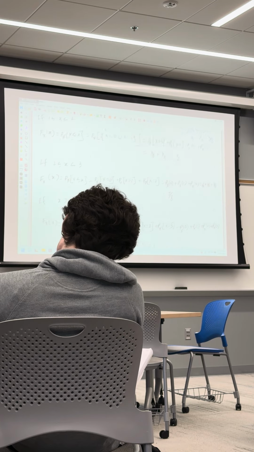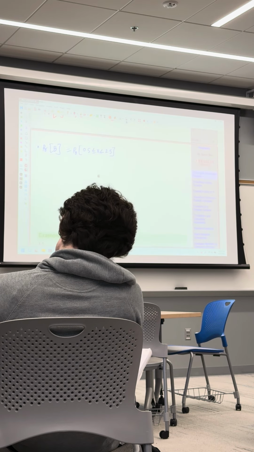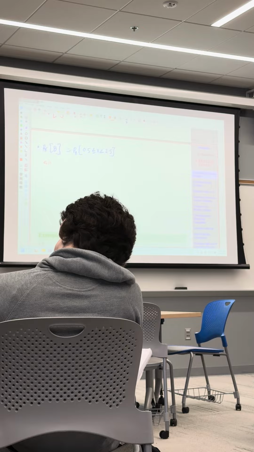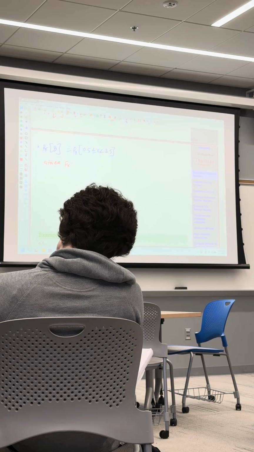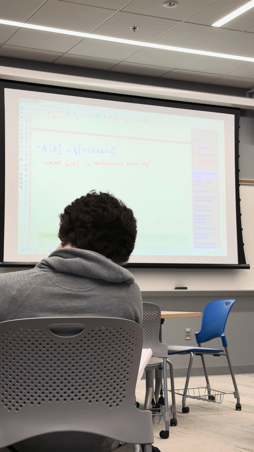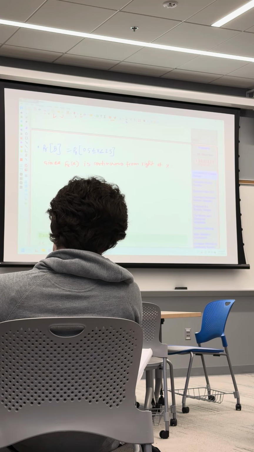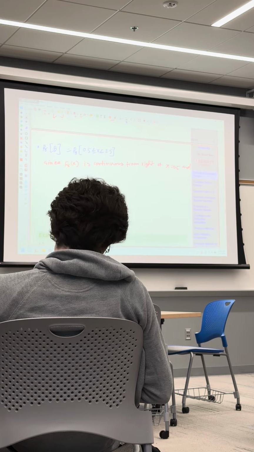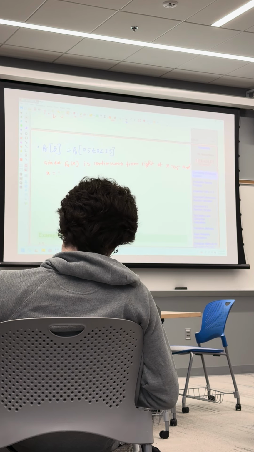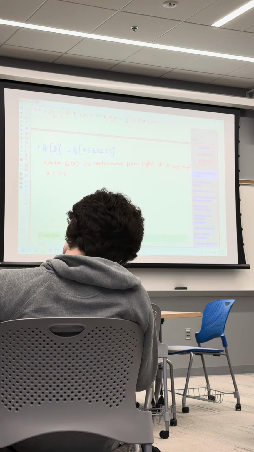So therefore, what we write here is: since F sub X is continuous from the right, I explained what continuous from the right means, at x equals 0.5 and x equals 2.5, it doesn't matter whether you put less than or less than or equal to here.